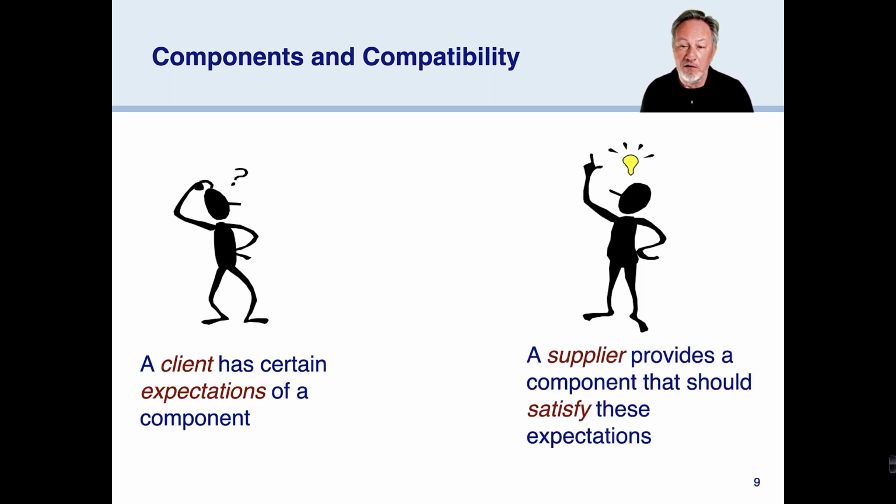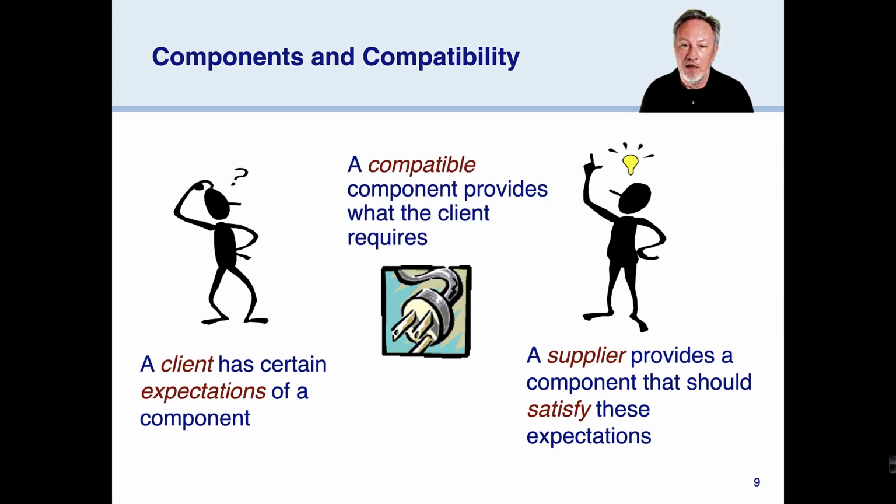So a supplier provides a component that should satisfy these expectations, and a compatible component provides what the client requires. So there's some kind of specification of these expectations, and that defines what it means for things to be plug compatible. So it's the plug compatibility, which is this fuzzy notion that we want to try and pin down.